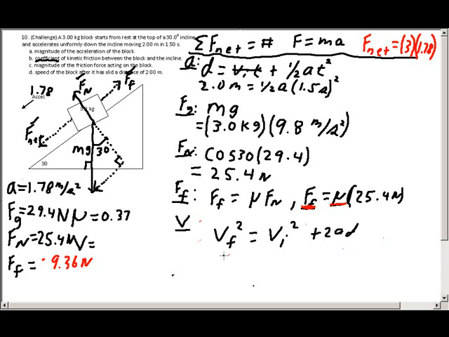So we have the initial velocity is 0. The final velocity is what we are seeking.